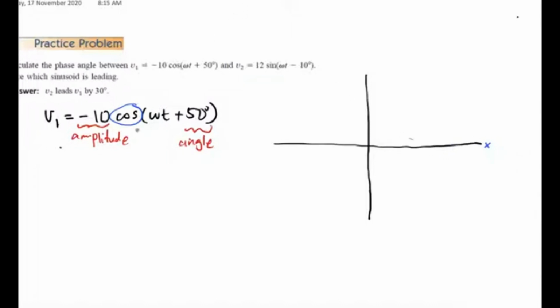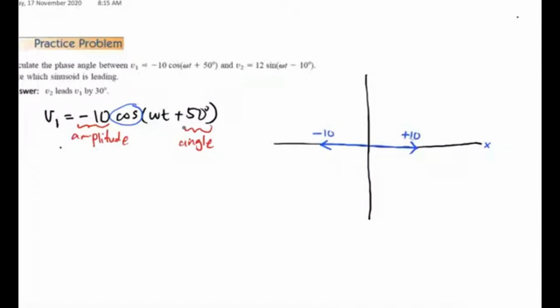Next, let's see what is the amplitude. Amplitude is negative 10. So how do you represent negative 10? If it is a positive 10, you will draw it like this. This is positive 10. However, this is a negative 10, meaning that the vector will start in this direction here. So this is negative 10. This is positive 10.